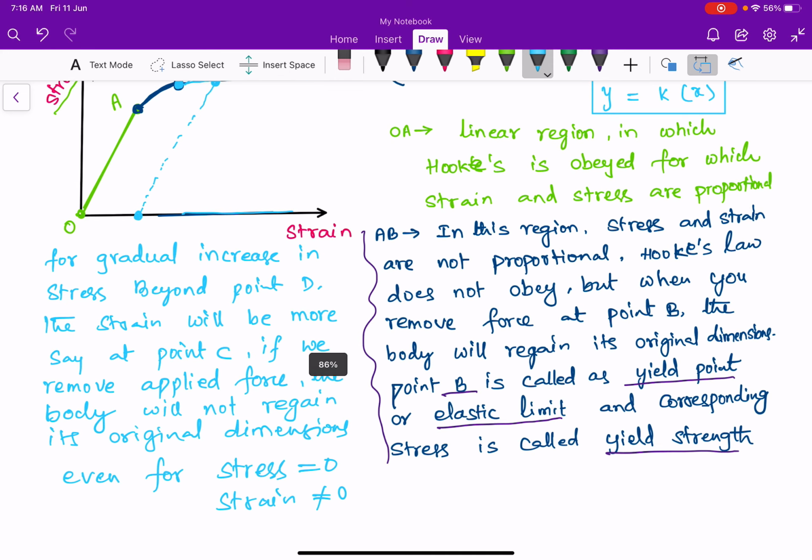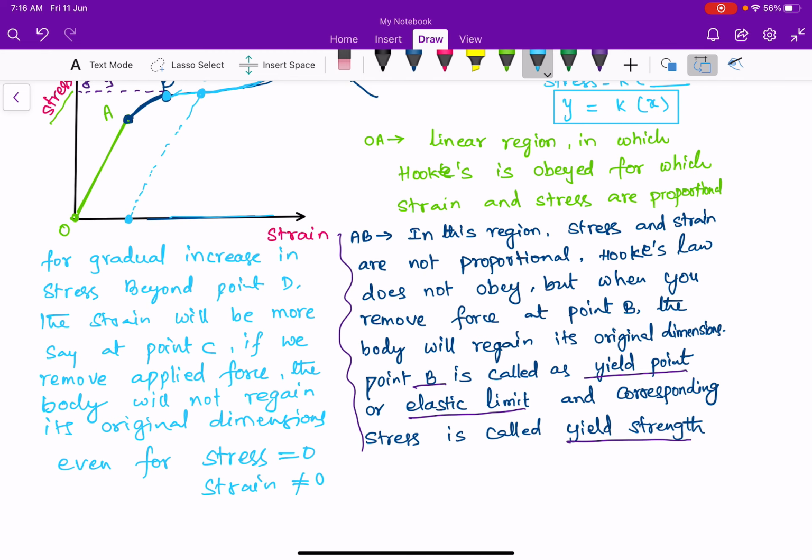We call this property permanent set, and the behavior is called plastic behavior. Even for stress equal to 0, strain is not equal to 0 in this case.